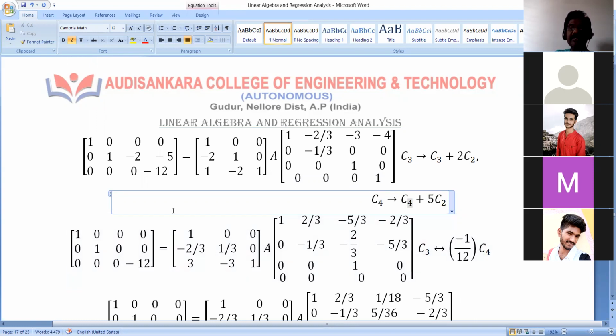So by the same properties, 1 0 0 0, 1 0 0 0, 0 0 minus 12 1, 0 0. The above matrix is same.